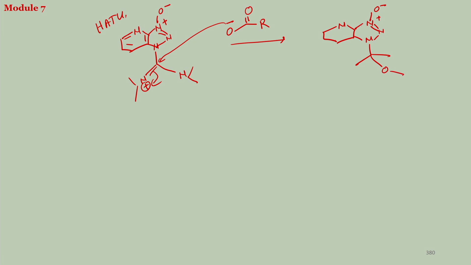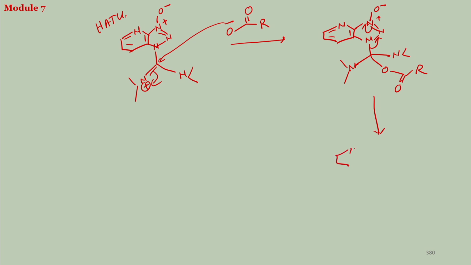This is O, COR, in, this becomes neutral now. Now, once this is formed, there is another factor that this is electropositive, this nitrogen is positively charged. So, this will drag the electron density towards it. This forces this bond to be cleaved.